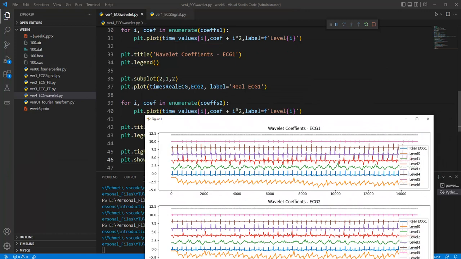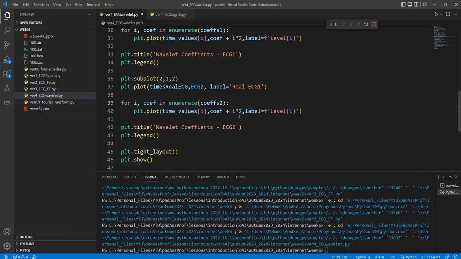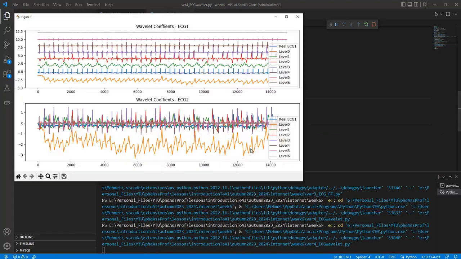This i times 2 value carries this signal into the upper one, okay, just like that. If I remove this code in the second place, each signal is on the same plane, okay. Do you understand this code?